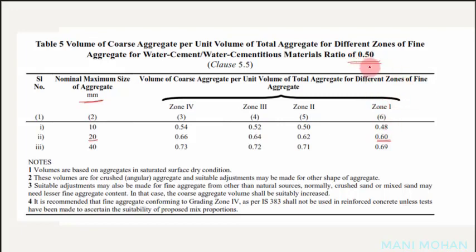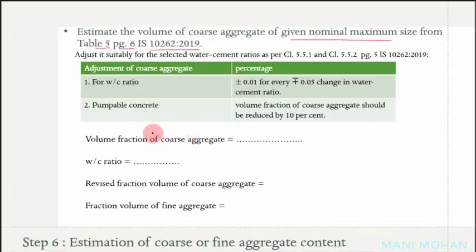If my water cement ratio is other than 0.5, I have to modify this volume fraction of coarse aggregate. So let us see how we are going to modify this particular value 0.6. As of now, let me write down the volume fraction of coarse aggregate as 0.6. Now what is the adopted water cement ratio for the M20 grade concrete mix design? We have adopted 0.55.